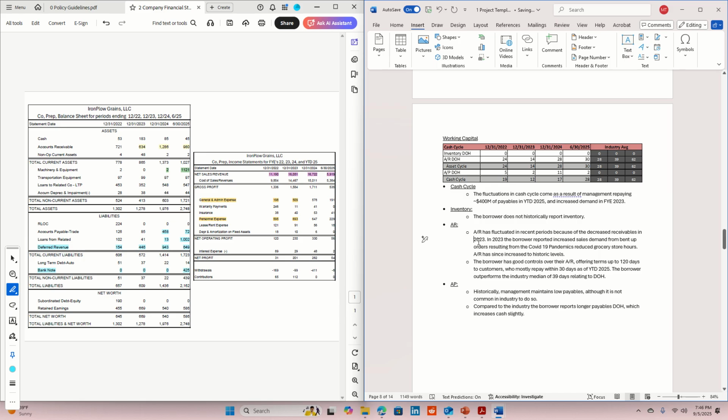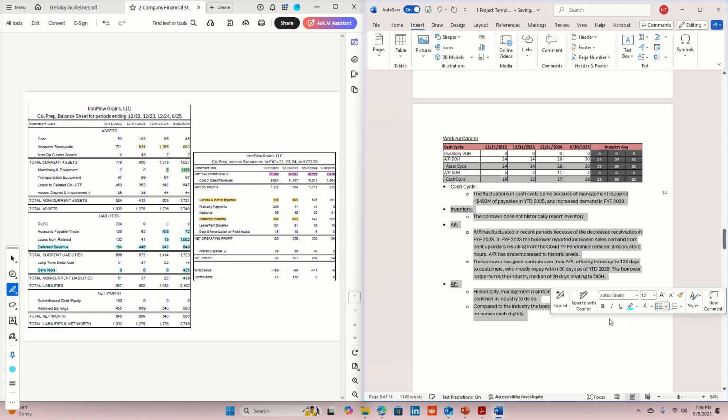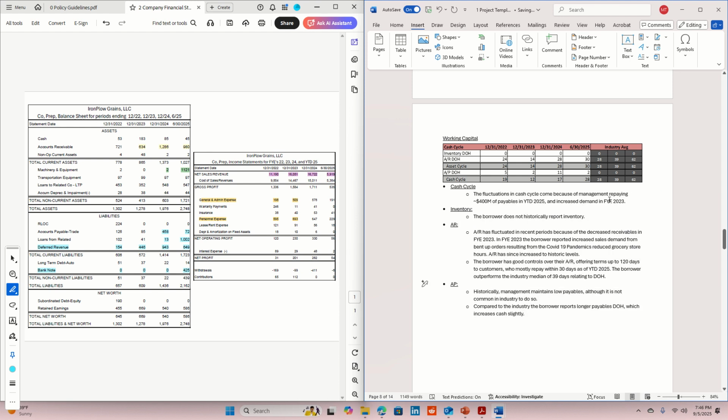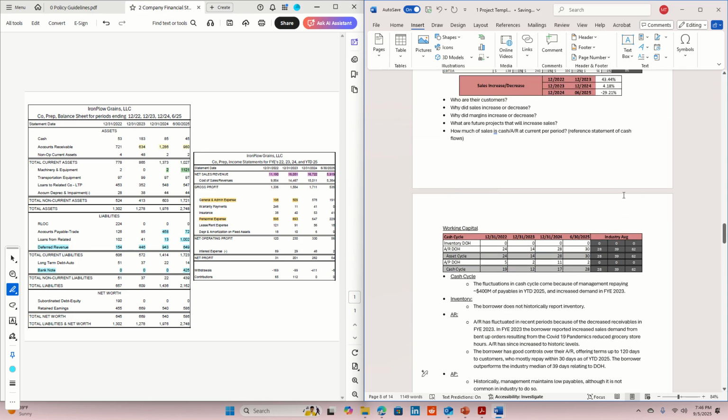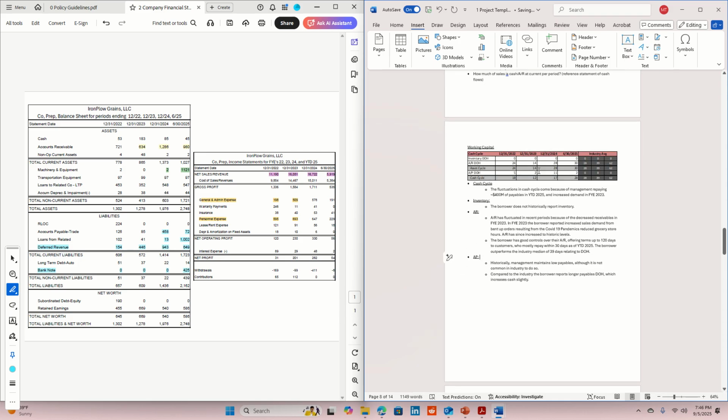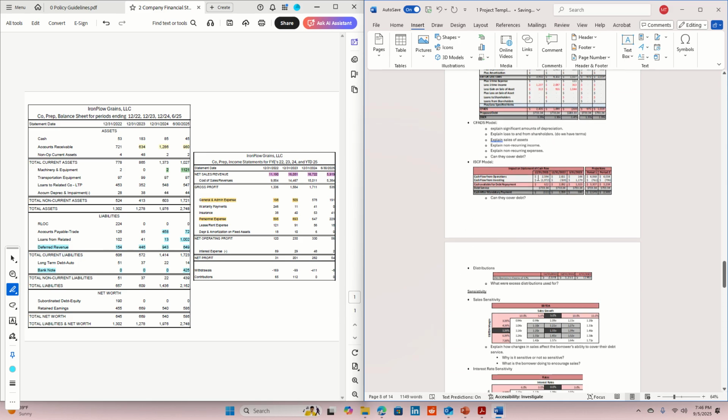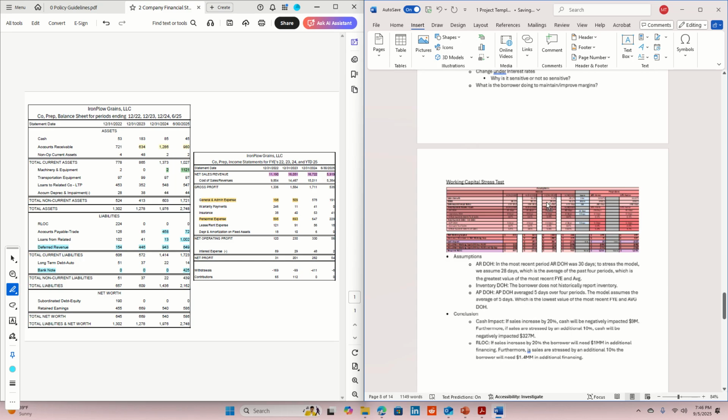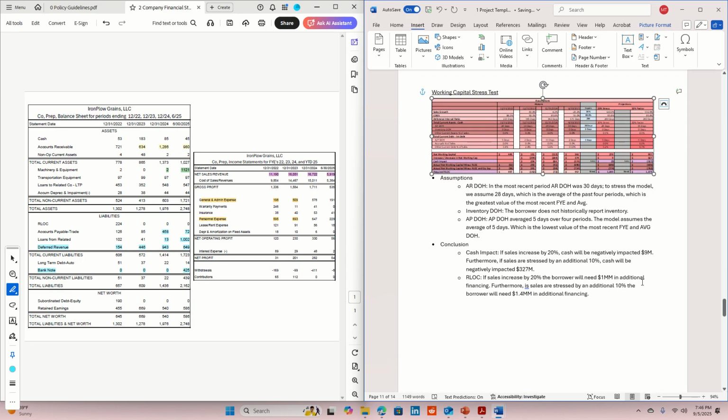Let's not just leave it at that; make sure that you have the fiscal year end, FYE, and all that. But we can keep the statement simple for this section. We don't have to go too hard right there, because we've already done the working capital stress test, which tells us everything that we need to know.